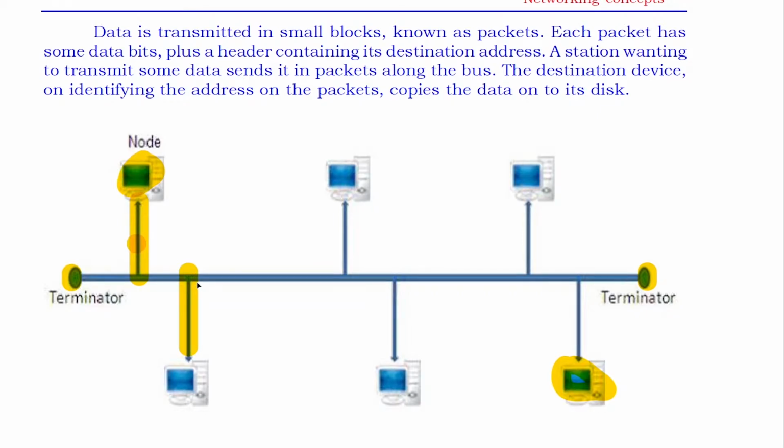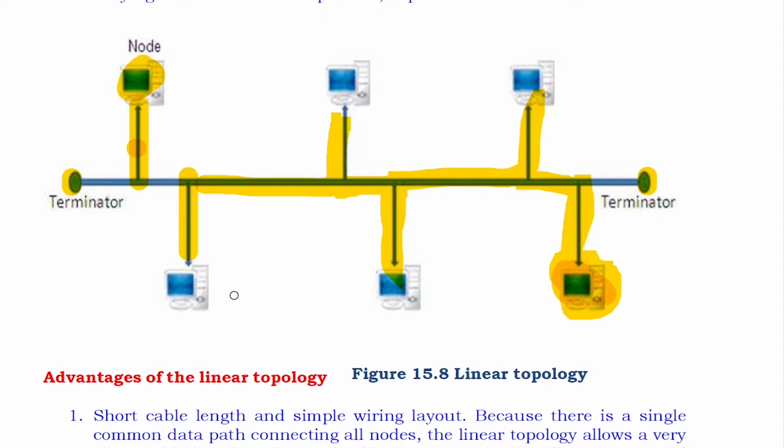If no, it is retransmitted, and all the nodes receive it. If no, it goes on again, and finally it reaches the destination and copies the data. That is how data transmission takes place in a linear bus topology. There are some advantages and also some disadvantages.